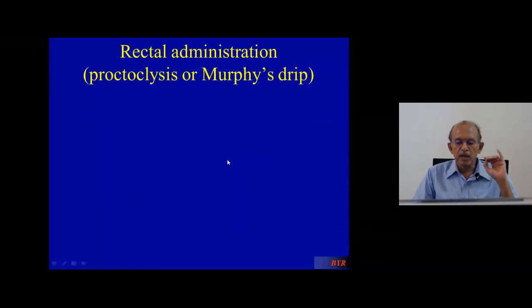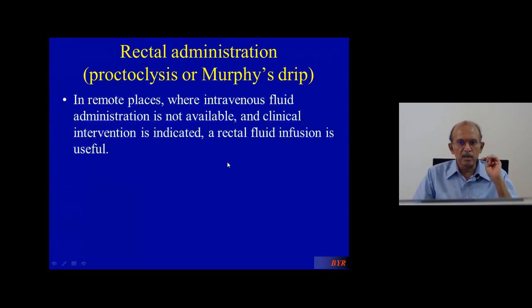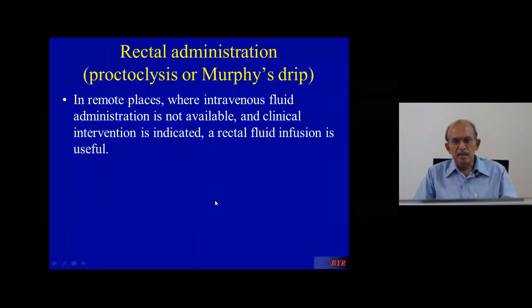So one method of giving fluids is by oral route. The second method of giving fluids is by IV route. The third method of giving fluids is by rectal route. This is called rectal administration. In remote places where intravenous fluid administration is not available and clinical intervention is indicated, a rectal fluid infusion is useful.